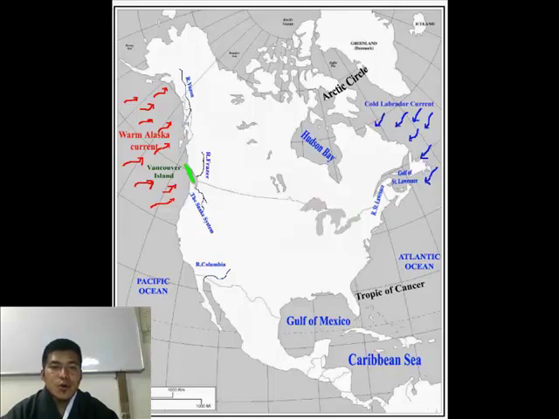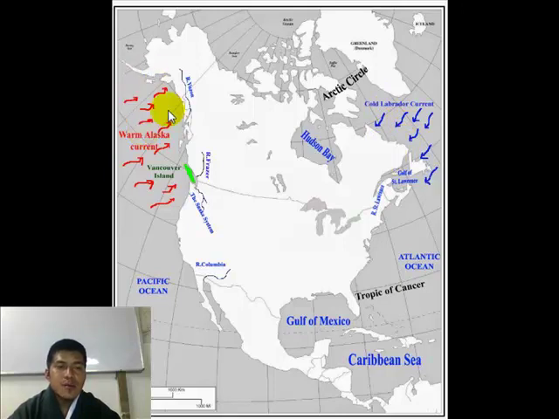Similarly, the ocean currents are another factor which causes difference in temperature between the eastern and the western coastal areas here. The cold Labrador current, here in this region we have Labrador plateau, washes the northeastern coast of North America, hence making these places cold.